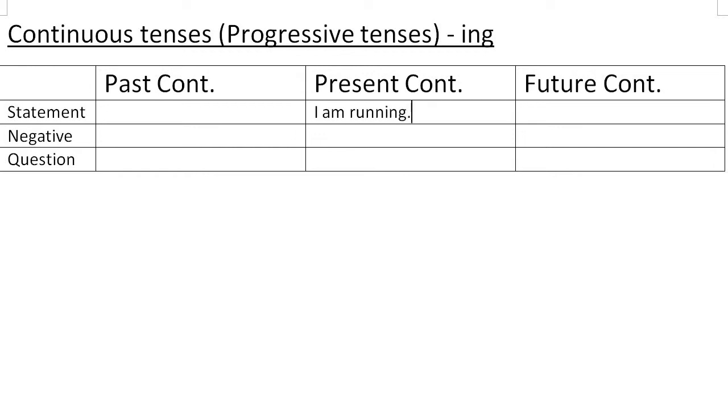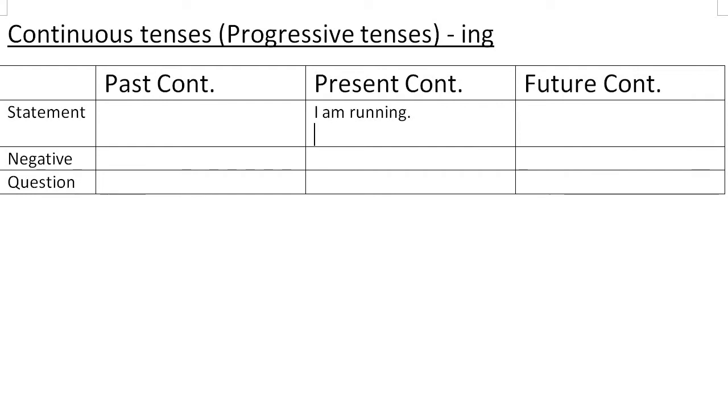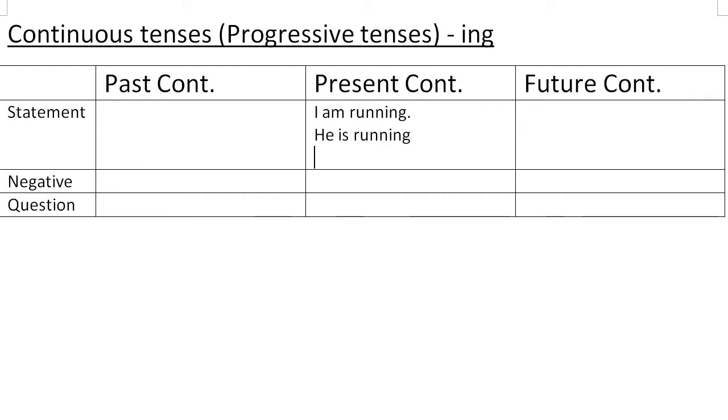There is the simplest form of that. But if I say he is running, and I can also say they are running. So in present continuous, that's how it's going to look.